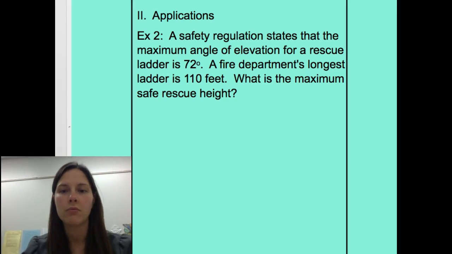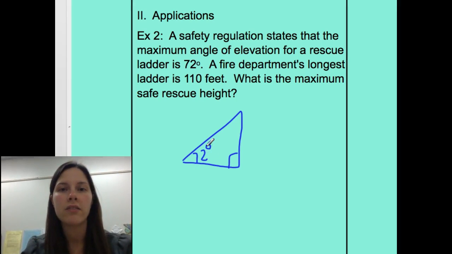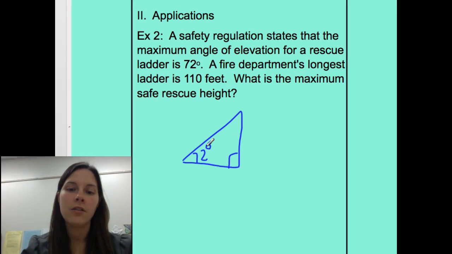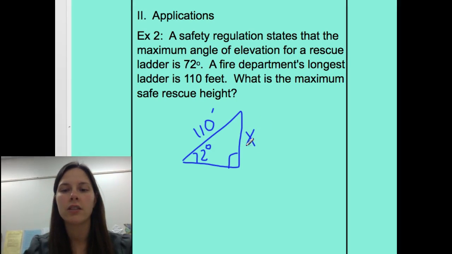For our first application question, we have an example about the maximum safe angle of elevation for a rescue ladder for a fire department. So I'm going to sketch a little picture here. So we've got that 72-degree angle of elevation. Remember, an angle of elevation starts with a horizontal line and a line of sight up. The ladder itself is 110 feet, so that'll be our hypotenuse. And the question is, what's the maximum safe rescue height? So that's going to be our vertical side. We have the hypotenuse.